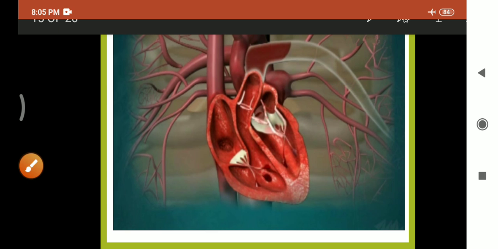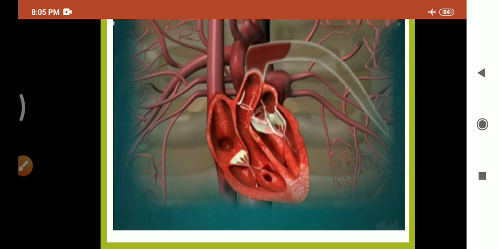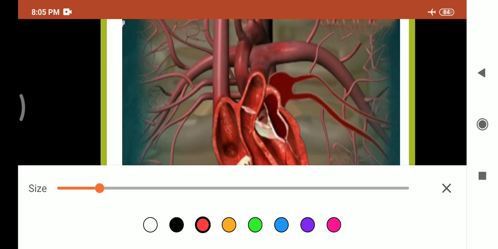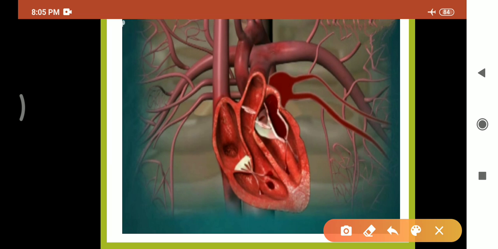When the left atrium takes this blood, in this picture you can see clearly this structure. Here you can see this is filled with blood. Which type of blood?